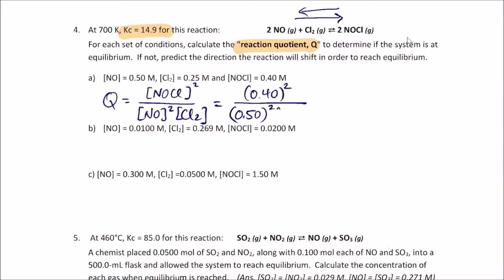And the chlorine is 0.25 molar. So grab your calculator and get the value for Q. I get 2.56, or 2.6 if I have two significant digits. So there's my value of Q.